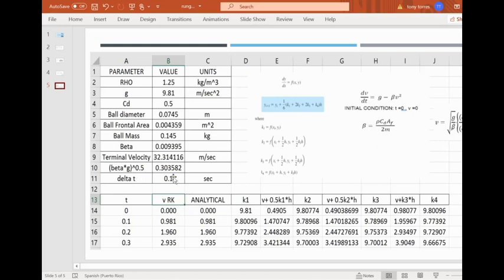Now delta t, I put 0.1, but there's some thought behind why I put 0.1, and it has to do with this equation. For example, if I want a delta v, a change in the velocity, of 1 at least, or close to 1, what would be a proper value of delta t? Basically, you put this equation in terms of delta t, and you end up with delta v over all these.